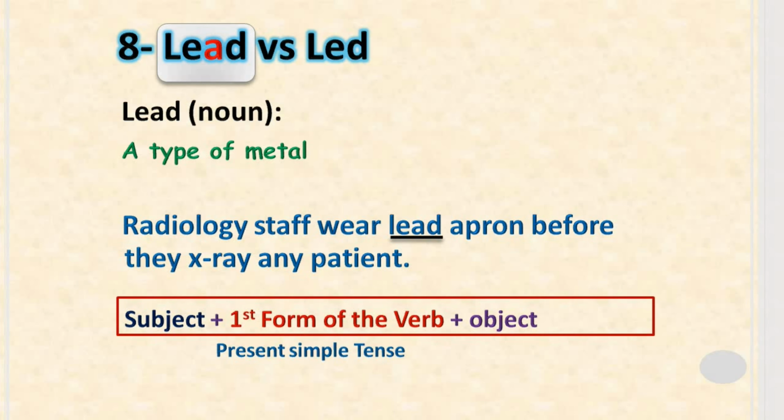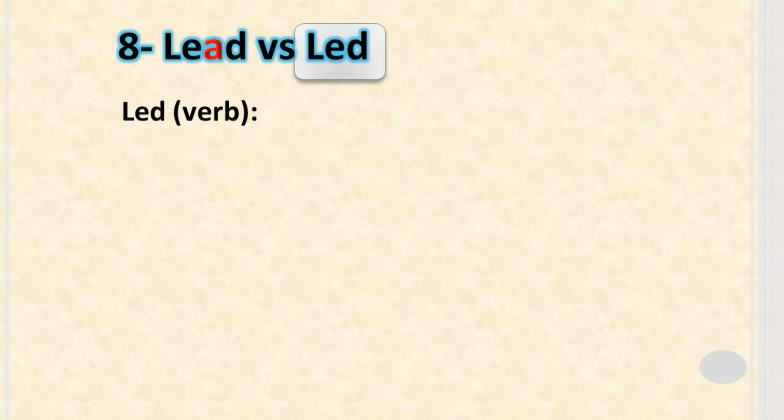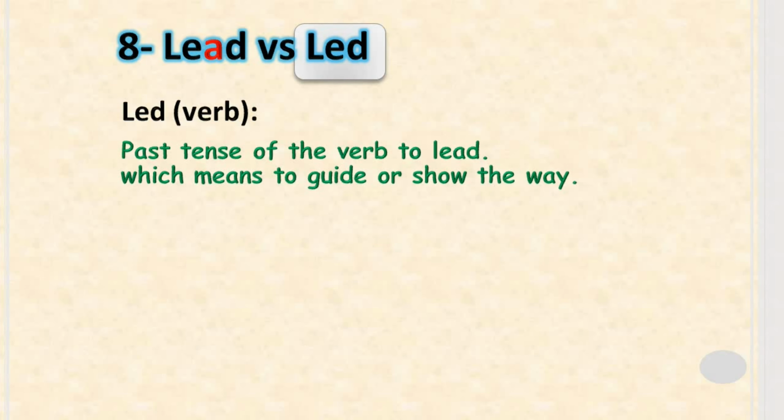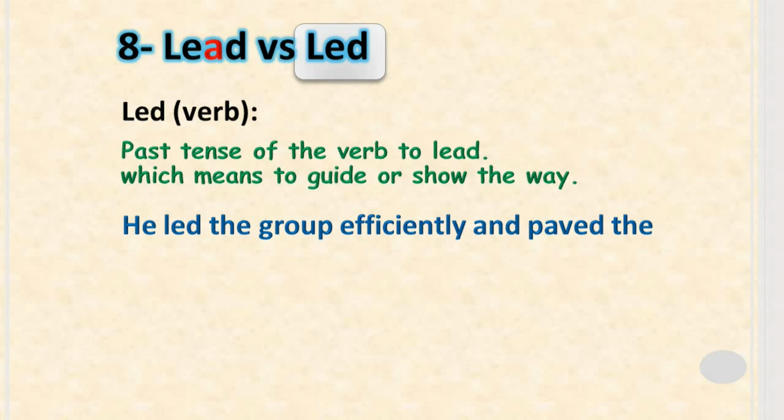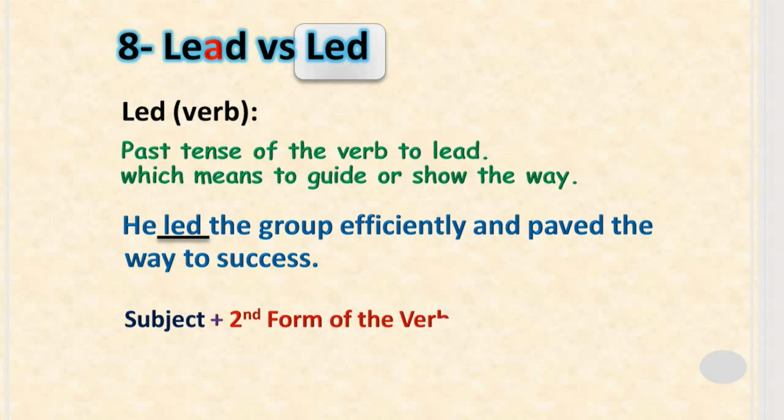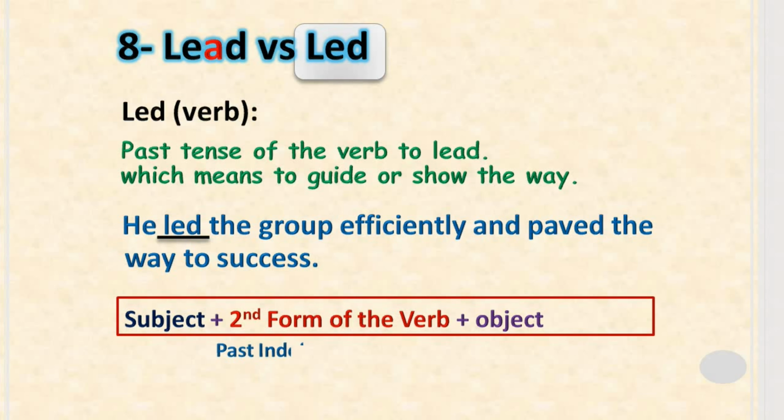We can use it in this way. Look at the second, led. It's the past tense of the verb which means to guide or show the way. He led the group efficiently and paved the way to success. Subject, second form of the verb and object is a past tense, past indefinite tense.